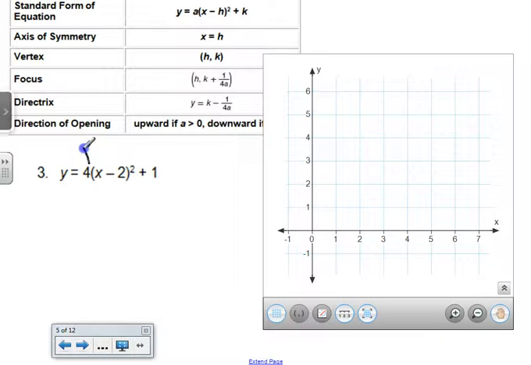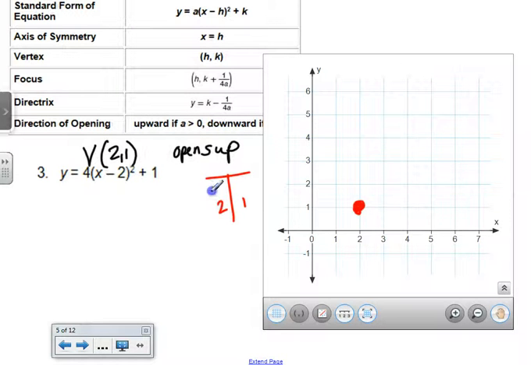Okay, our next example has a vertex at the point (2, 1). It opens up because our a value is positive, and this is going to be quite a skinny little parabola. So (2, 1), so right there. And if I thought about making a t-table, pick something to the left and something to the right.